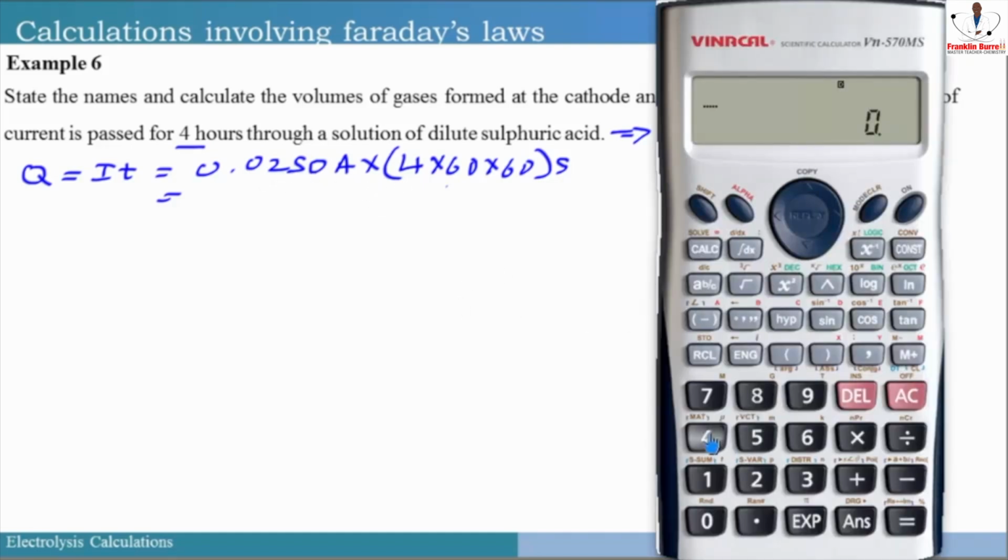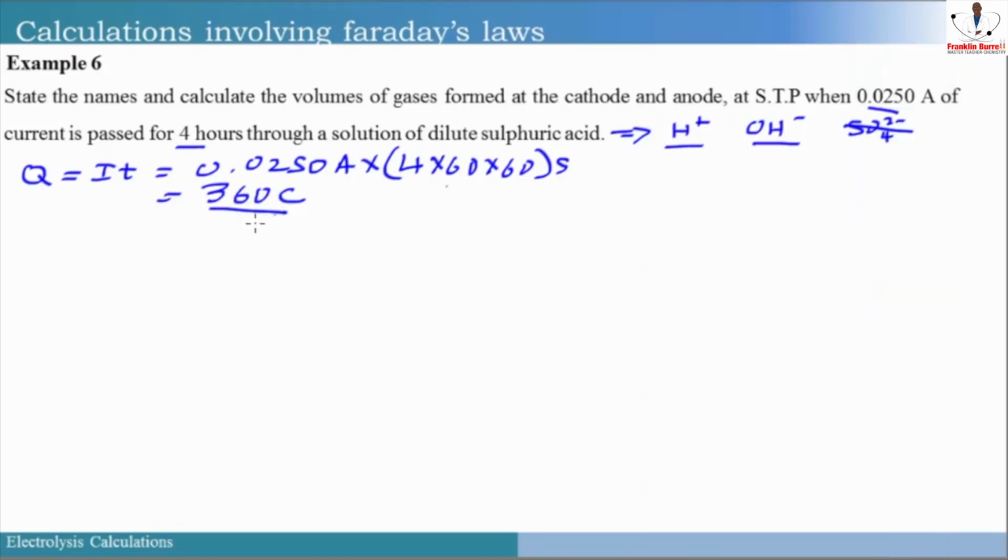So let's say 4 times 60 times 60 is equal to 14,400. And now we'll multiply this value by 0.025. That will give us 360 coulombs.